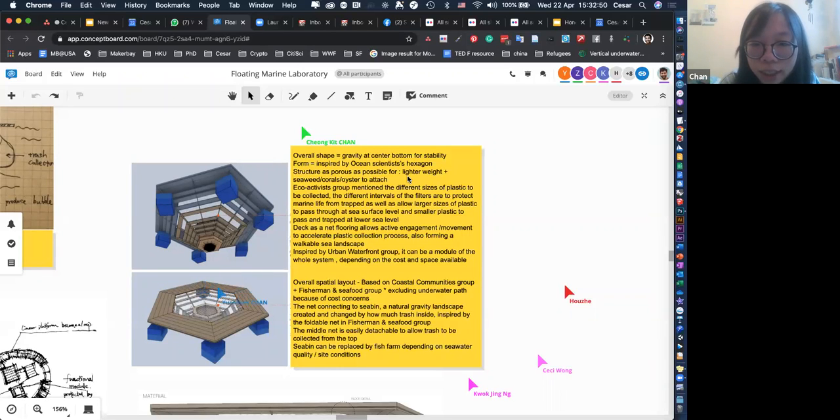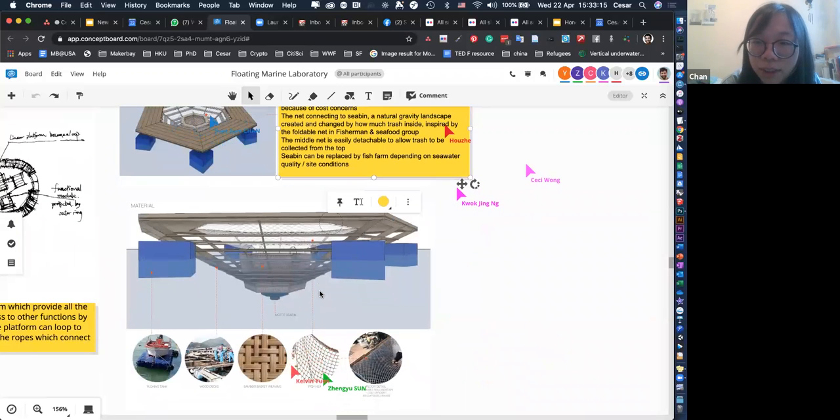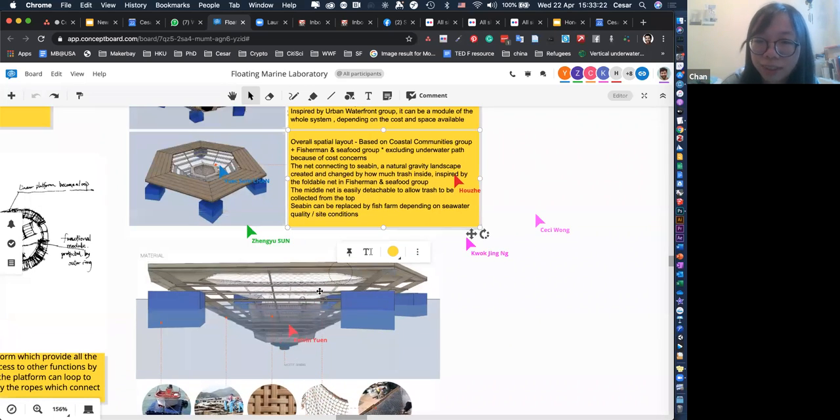Because the net is connected to the C-beam, if there is more trash it will be heavier and the floor will sink. In different scenarios it will have different spatial qualities, and it may be educational for people. It's also easy to remove the top net, collect the trash in the beam from the top, and then reattach the net to the frame.